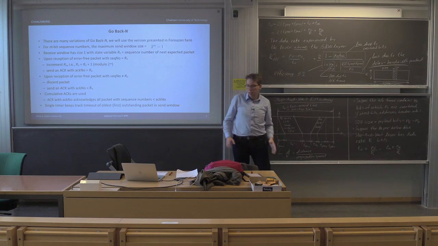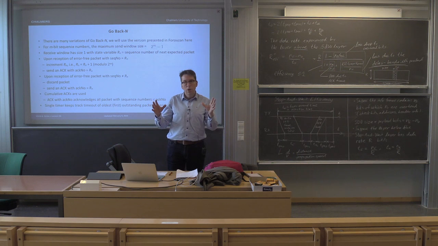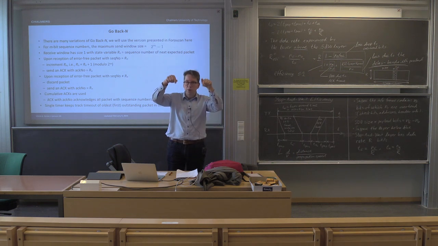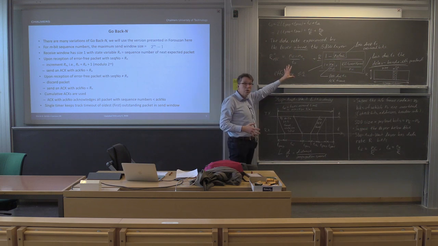And then we talked about these sliding windows. If you can understand the sliding windows, these two pointers at the transmitter side, SF and SN, and the various types of sliding we can do, then you should be in good shape for understanding Go-Back-N, which is the next big topic in the course. And then we can calculate these efficiencies. We will calculate them for other protocols also to see whether they're good or bad.